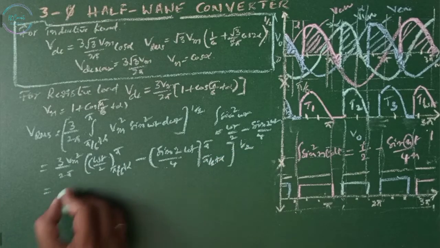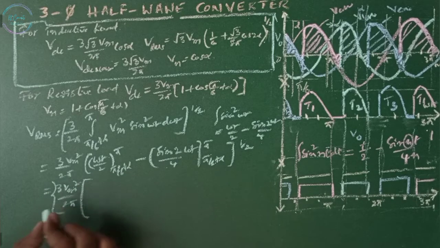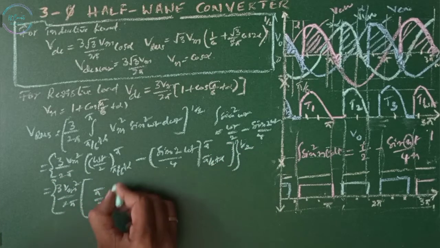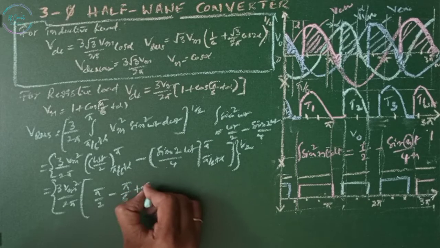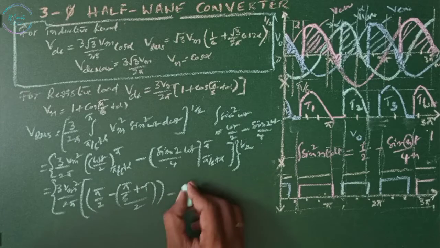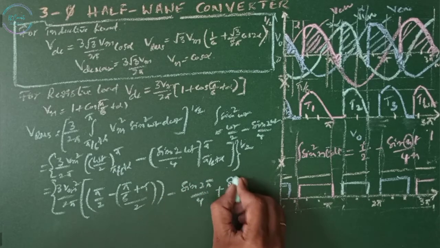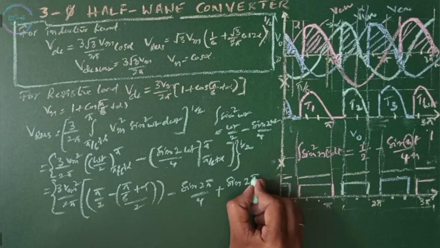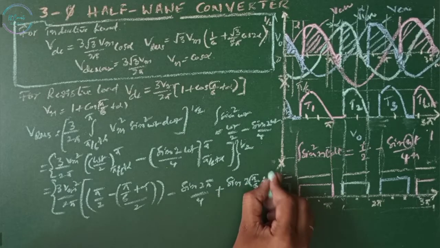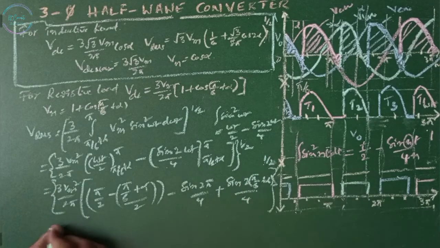Now if you solve this, then you are going to get 3 Vm square by 2 pi of pi by 2 minus pi by 6 plus alpha by 2, minus sine 2 pi by 4 plus sine 2 times pi by 6 plus alpha divided by 4, whole to the power of 1 by 2.